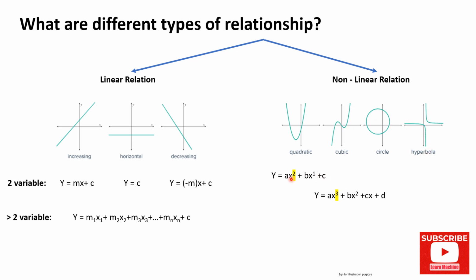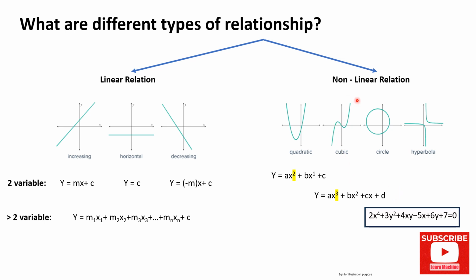For example, for simplicity, this is the quadratic equation. When I say independent and dependent variables are following a quadratic relation, this is what their graph will look like based on a general equation. Similarly, if the independent and dependent variables are following a cubic relationship, based on this general equation, their graph will look like this.